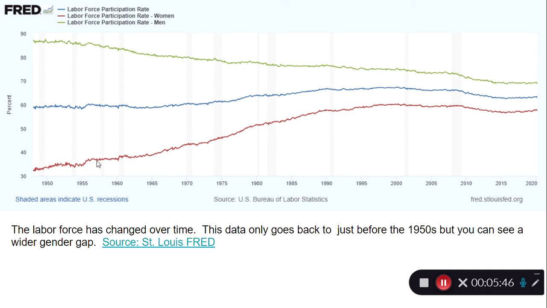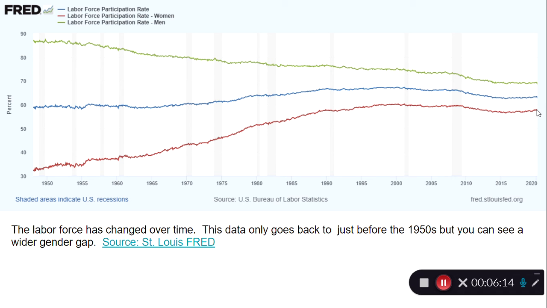This is during civil rights, during what's sometimes known as second wave feminism, where women gained access to education and employment, a wider range of employments. So we see that, and this is an aggregate, averaging over all women, from low 30s up to now just under 60%, maybe like 56%, 57%.